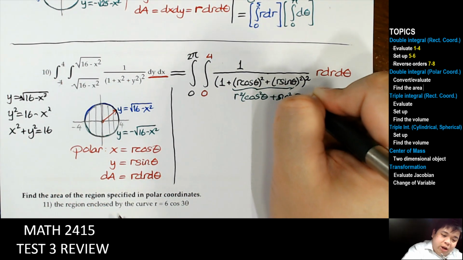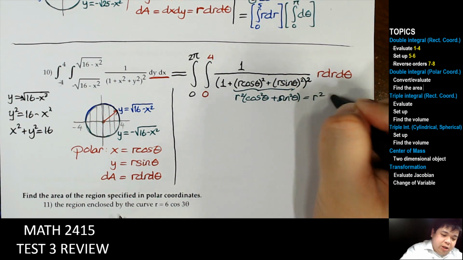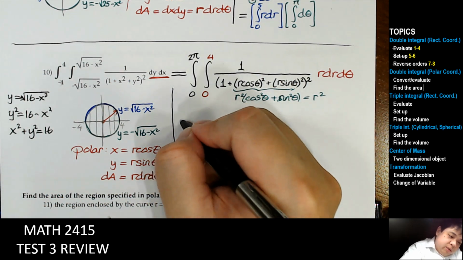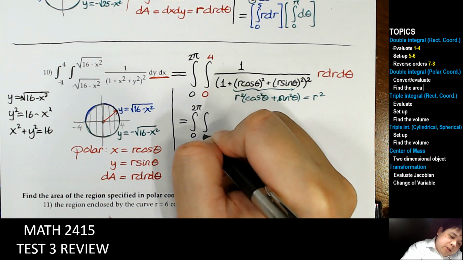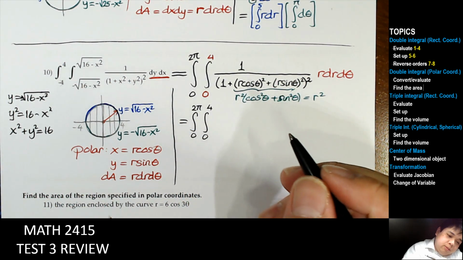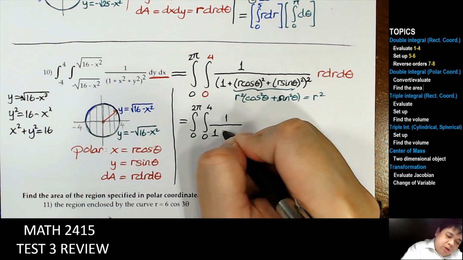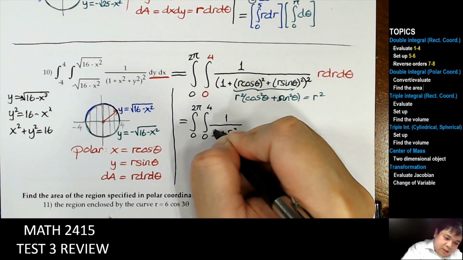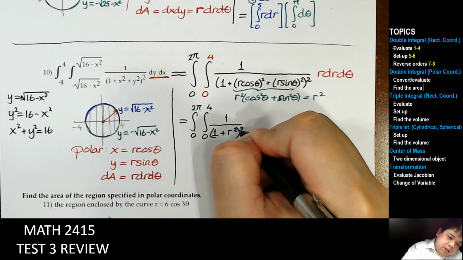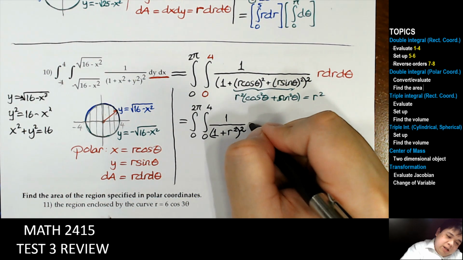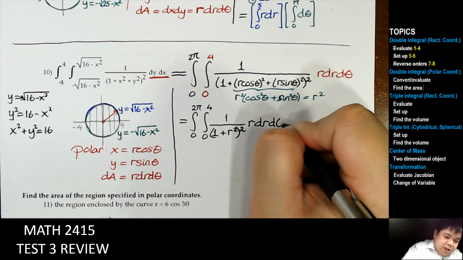Factor out the r squared. Cosine squared plus sine squared is 1, so this is just r squared. So this integral becomes 0 to 2 pi, 0 to 4, 1 over 1 plus r squared, squared, and then r dr d theta.